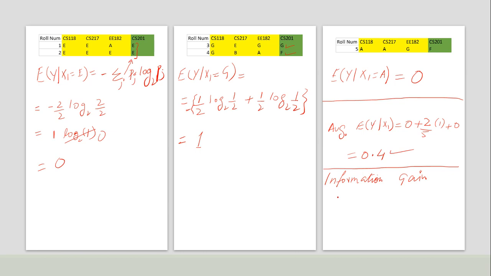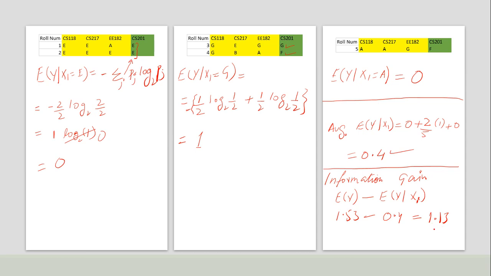So I take the entropy of column y, the entire data set, and subtract this entropy of y given x1 from the original entropy. Then I get the information gain from this partitioning. 1.53 was the entropy of the entire data set, minus 0.4, which is equal to 1.13. So if I partition data based on column CS118, then the information gain would be 1.13.